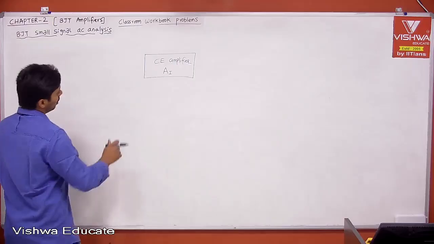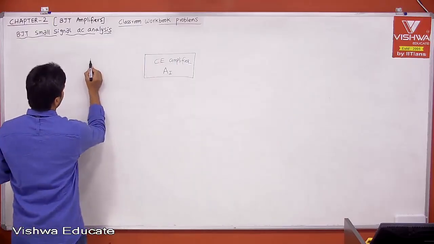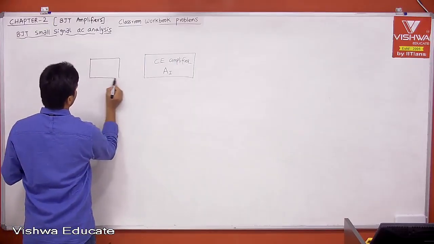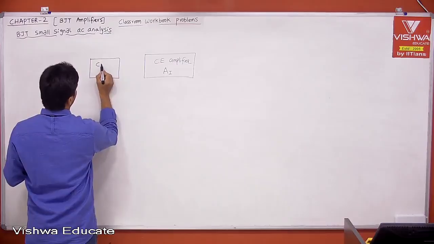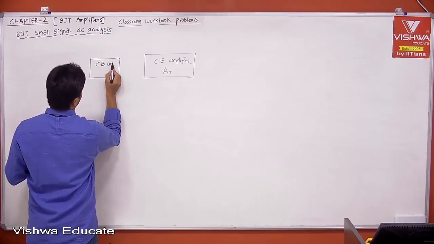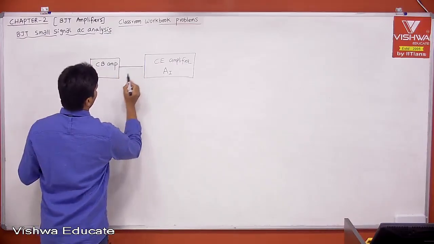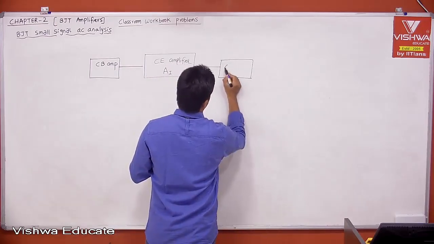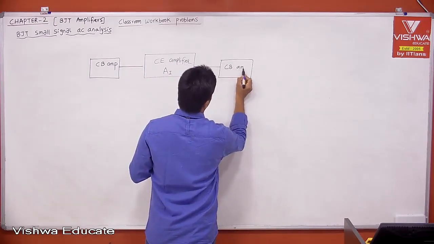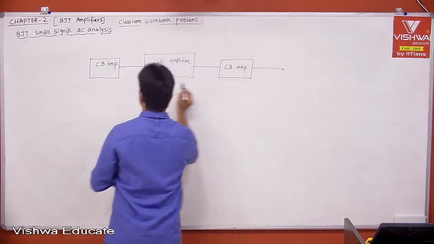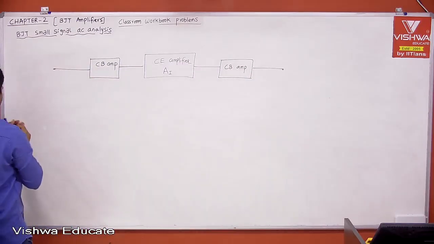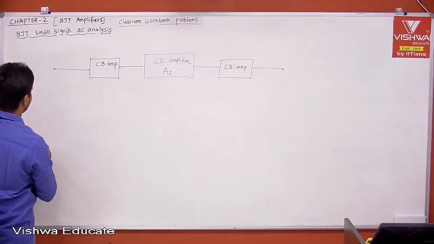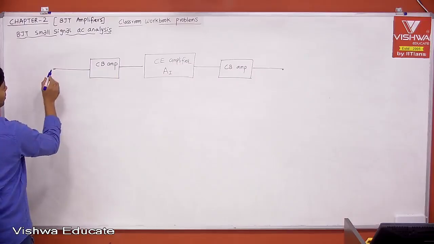Now this is your current amplifier, and the input stage is for impedance matching. This is our common base amplifier. That output is given to this, and again this is a common base amplifier, the CB amplifier. Now let us excite with a current source, because I am saying current amplifier.